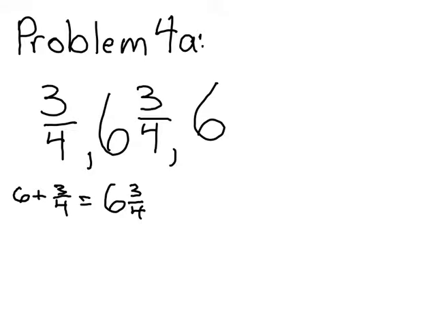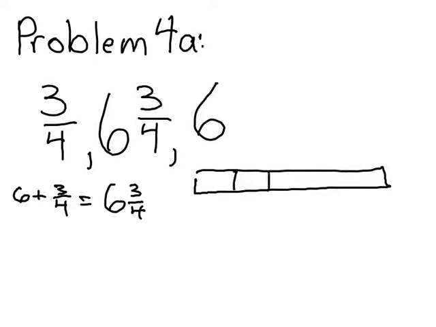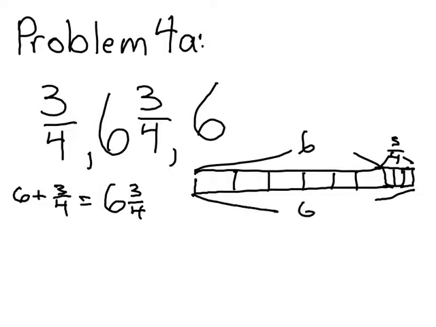And we can see that by doing the simple tape diagram here. It shows 6, 1, 2, 3, 4, 5, and 6. And we go 1 quarter, 2 quarters, 3 quarters. So here's our 3/4. This is our 6, and if we add them together, we have 6 and 3/4.